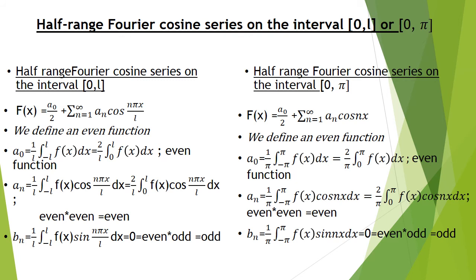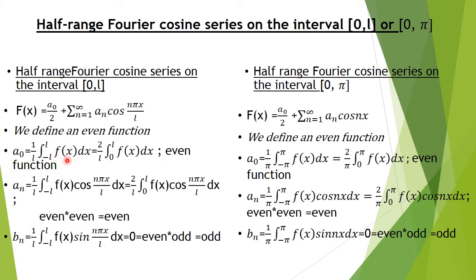Now let us see. We have defined f as an even function, and the interval is 0, L, half of the interval. According to the definition of the Fourier series, because we have extended the function to minus L to 0 with f of minus x equal to f of x, and 0 to L is already there, we have the Fourier series on minus L to L. The coefficient a naught is 1 upon L integral minus L to L f of x dx.